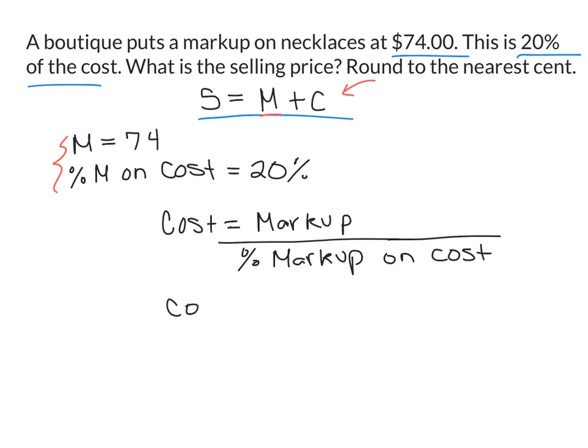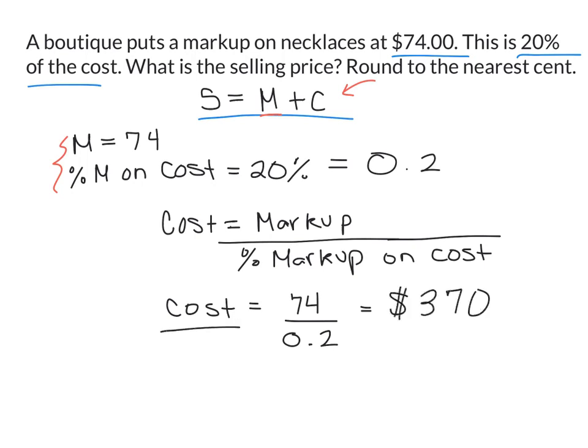So the cost equals 74 divided by 20%, but remember we have to convert that to a decimal, so that's 0.2. Then 74 divided by 0.2, if we do that on the calculator, gives us a value of $370. And that's our value for cost.